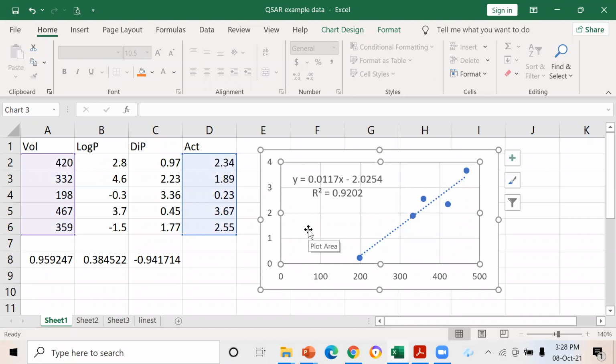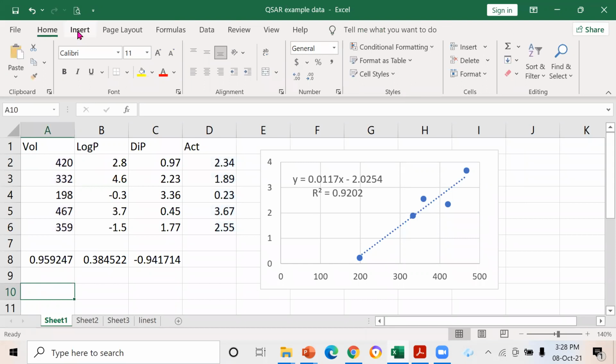So of those 10 compounds, we can see which look promising and which look bad. Only the promising ones I could take further for my synthetic and in vitro studies. So that's the use of QSAR. This is volume on the x-axis and activity on the y-axis, and this is your QSAR: activity equals 0.0117 into volume minus 2.0254.